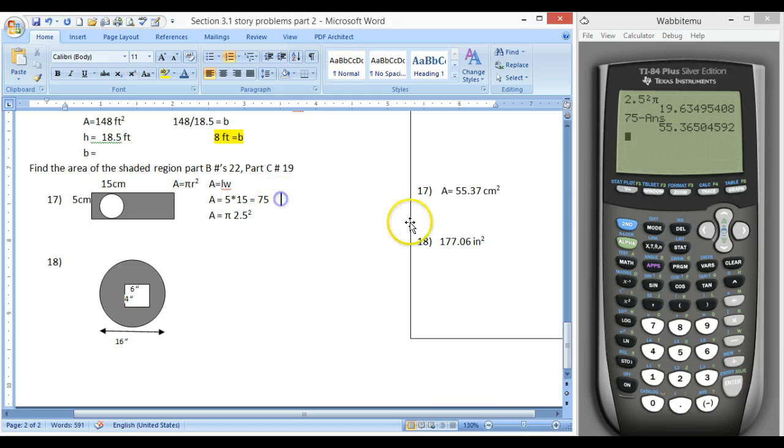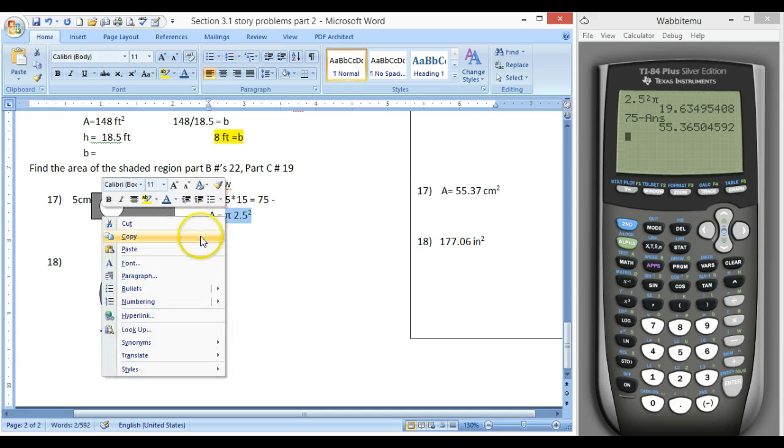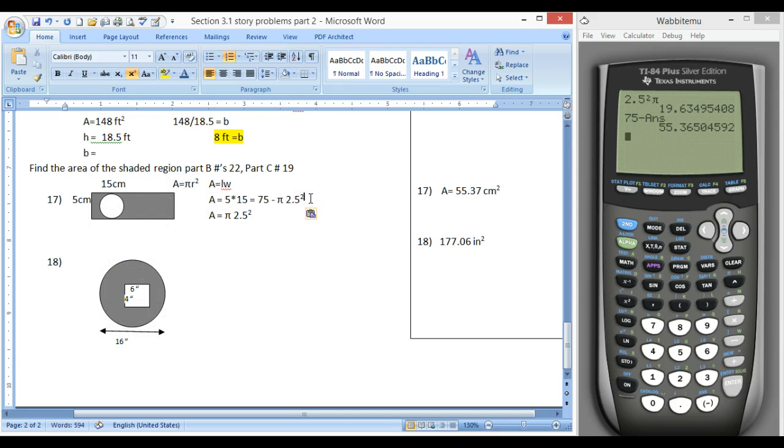So 75, and I'm going to show that I'm subtracting the circle, which is pi r squared, or 2.5 squared. Copy and paste that here, and that equals 55.37. And this is centimeters squared because I'm talking about area, and that's the answer.